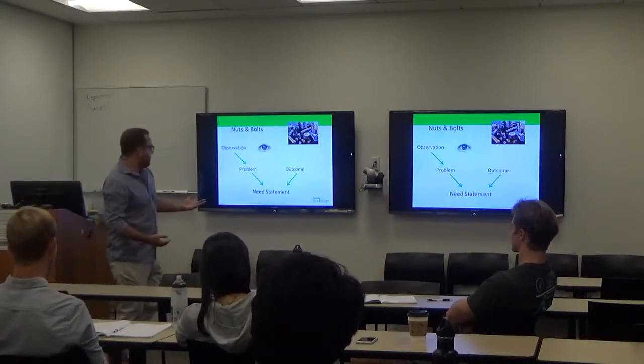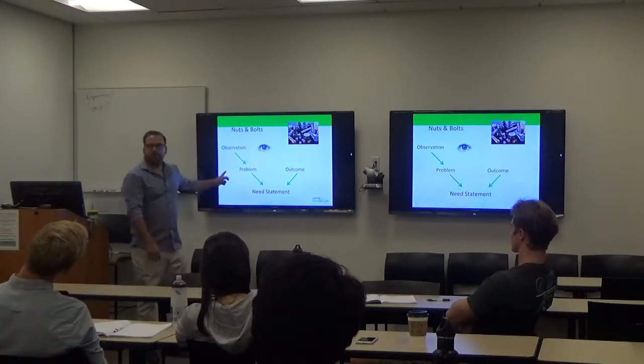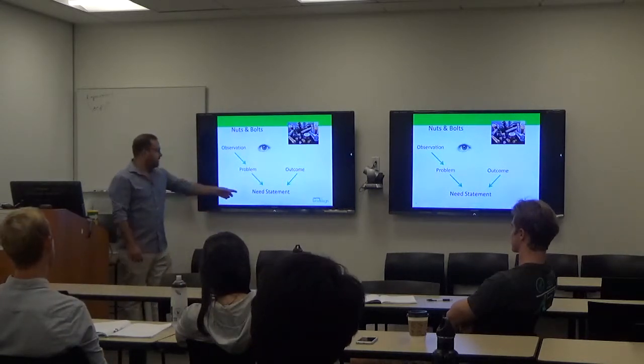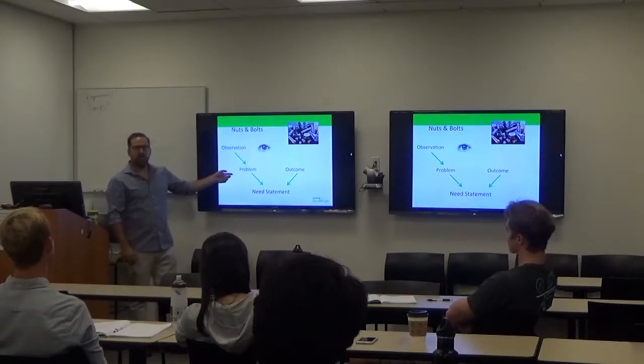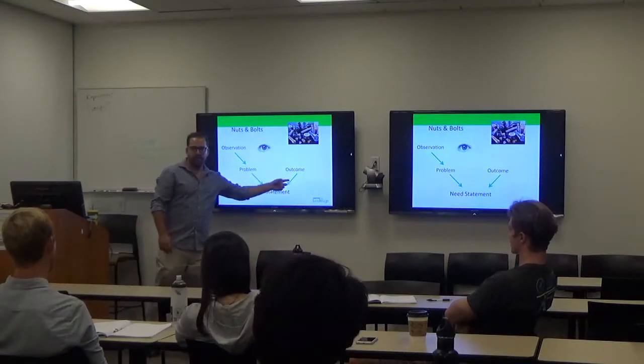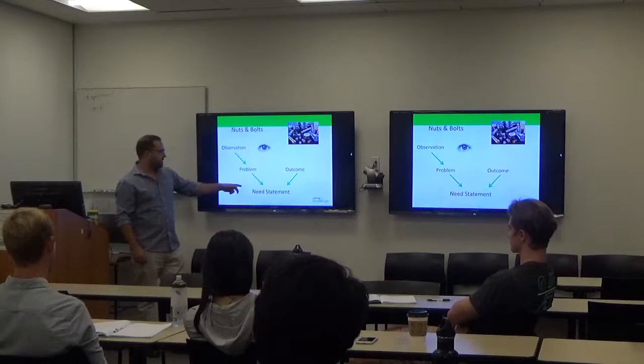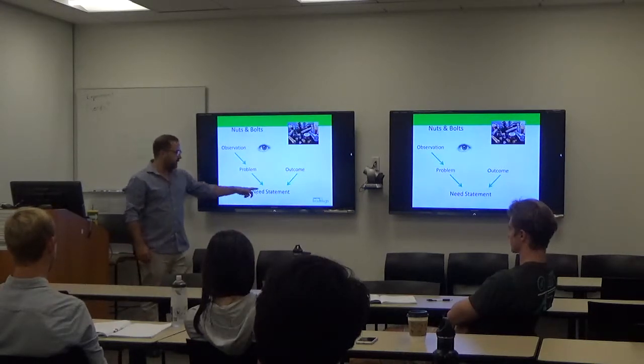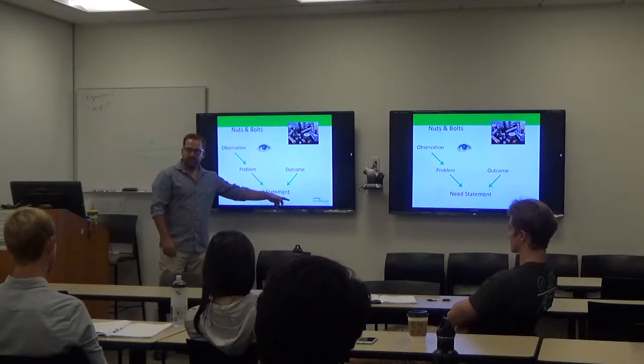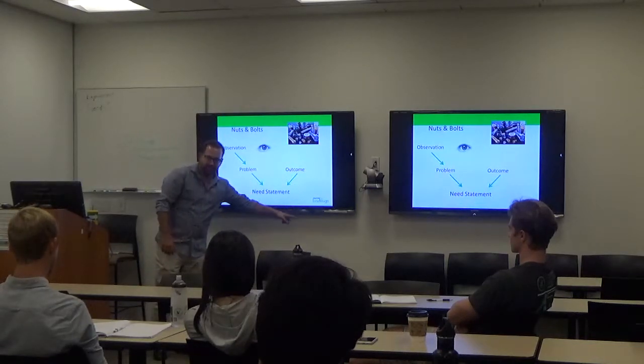A needs statement is different than a problem. A needs statement ties in a problem with an outcome. So you would say something to the extent of, a better way to treat the stroke victim to reduce his or her pain by 50%, right?